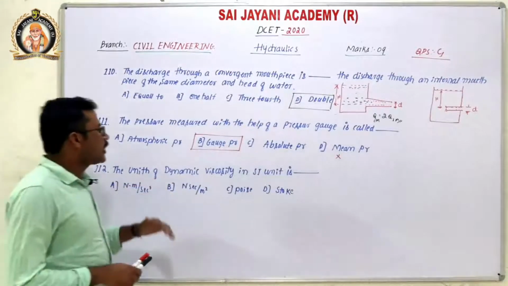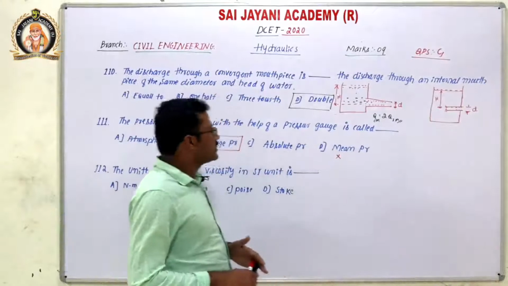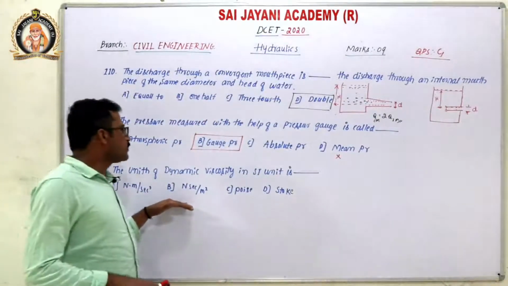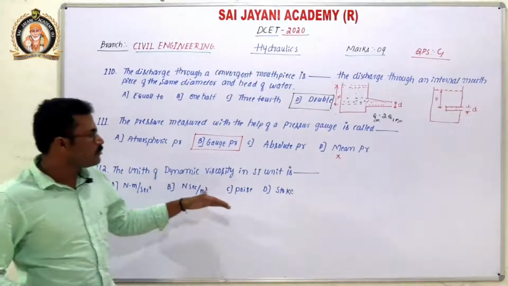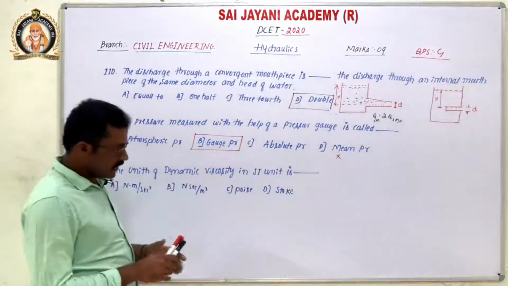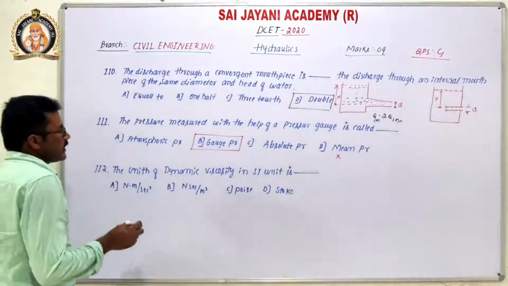The unit of dynamic viscosity in SI unit is dash. Option A, Newton into meter per second square. Option B, Newton second per meter square. Option C, Poise. Option D, Stoke. So here he asked the unit in SI unit.